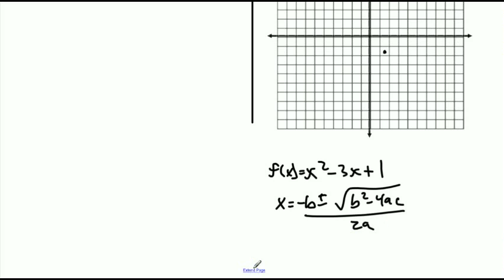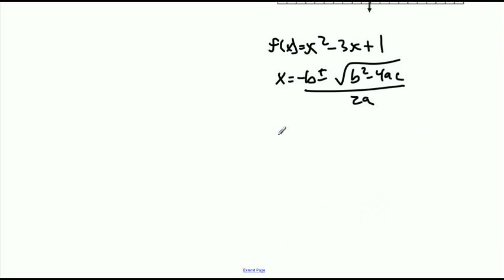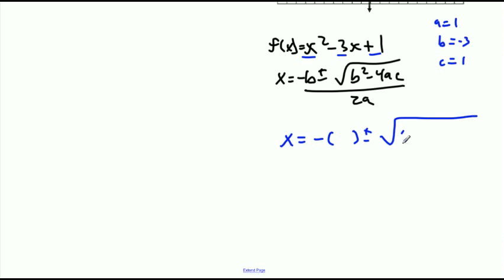All right, well, let's get this thing cracking then. Remember, our A is 1, our B is negative 3, and our C is 1. So again, I get my A, B, C, and now we're going to start plugging in here. The way that I like to do this is put blank parentheses so that I can plug them straight in without worrying about signs and messing up.